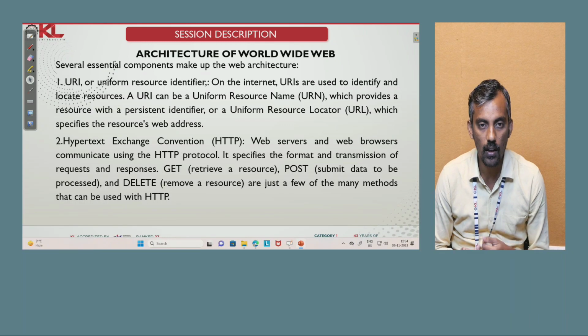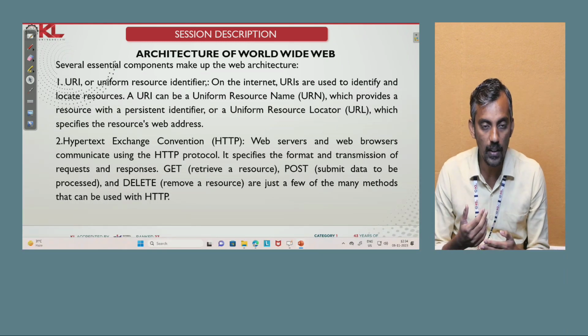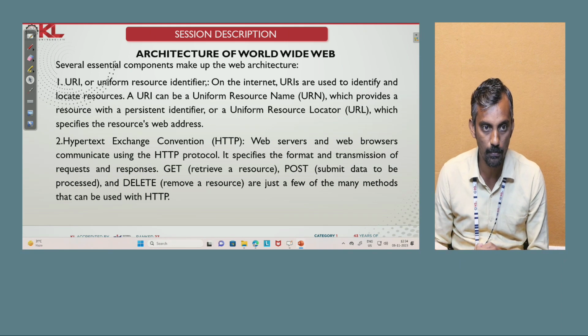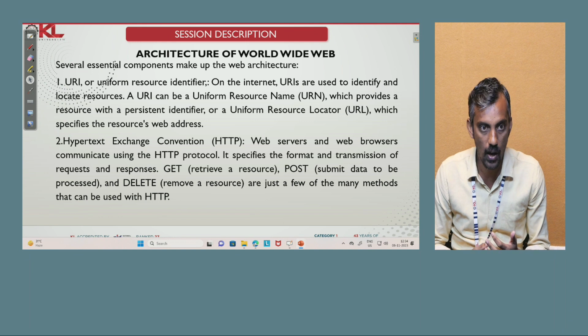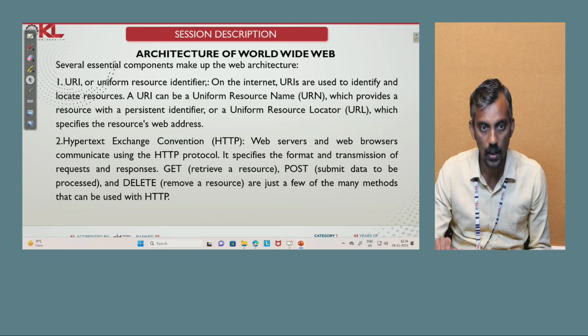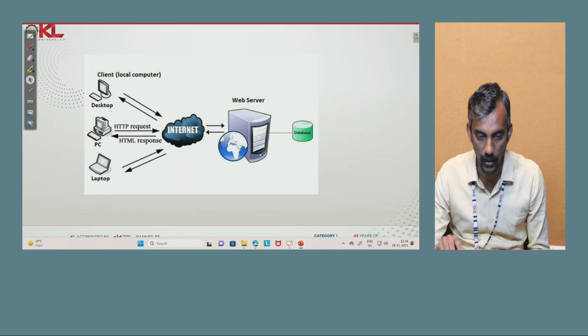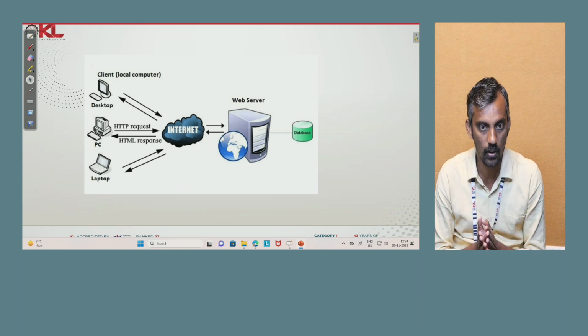Then the architecture of the WWW. At the start of the session, I said that the World Wide Web contains three important things: URL, HTTP, and web server. You see this whole thing.